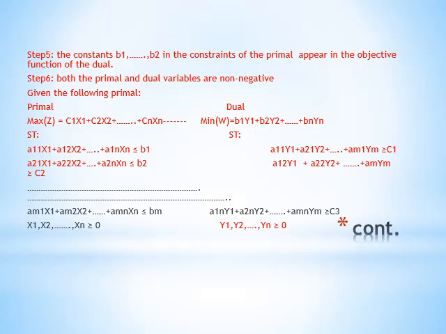So we move the first column of constraints of the primal to the first row of the constraints of the dual, respectively. The second column of the constraints of the primal will be moved to the second row of constraints of the dual, etc.